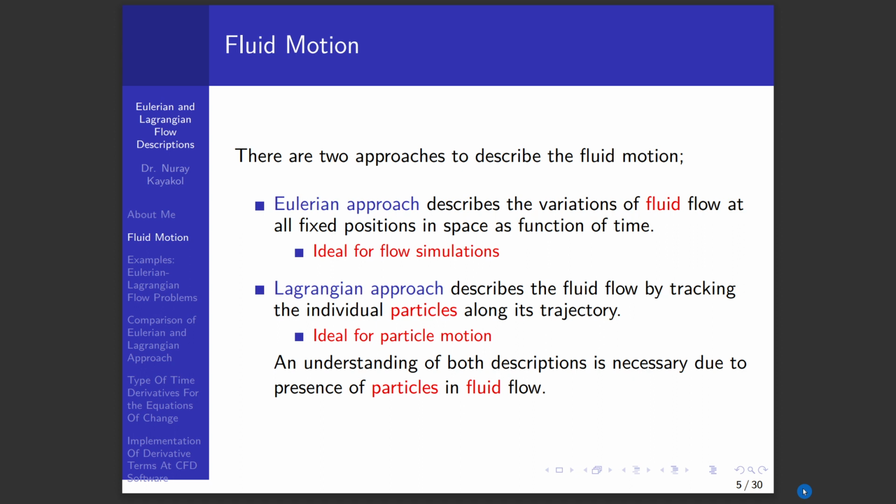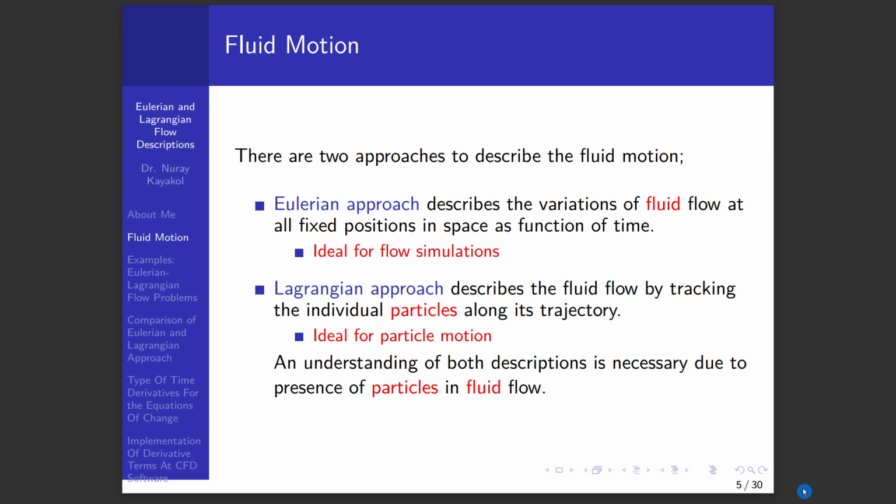Eulerian approach describes the variation of fluid flow at all fixed points in space as a function of time. So when we read this definition, you will understand, first of all, this is ideal for flow simulation. This description mentions fixed position in space. That means there will be some flow domain discretization.